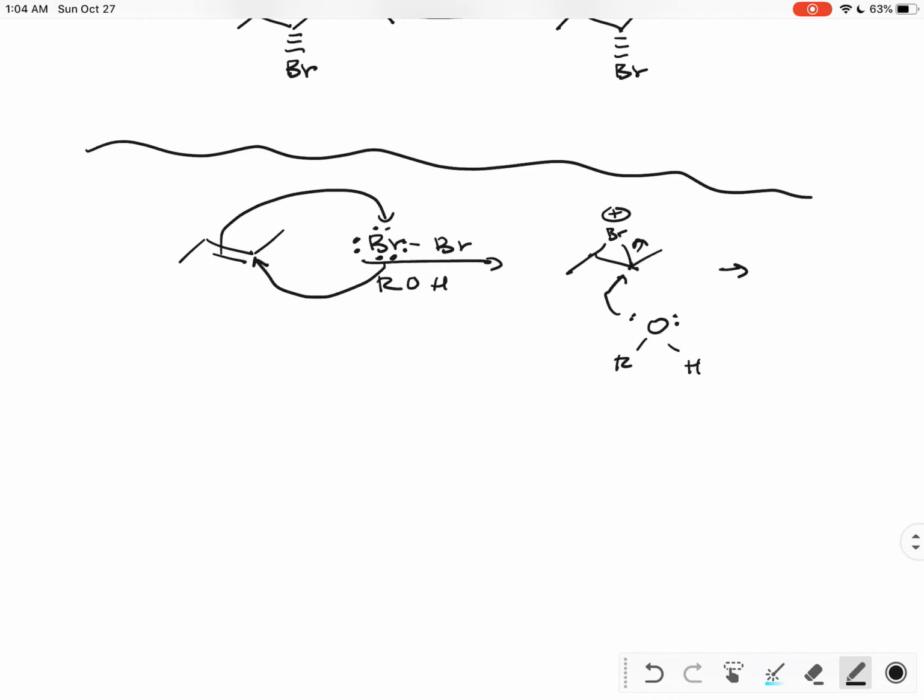And now our bromine should be wedged, and our ORH dashed.